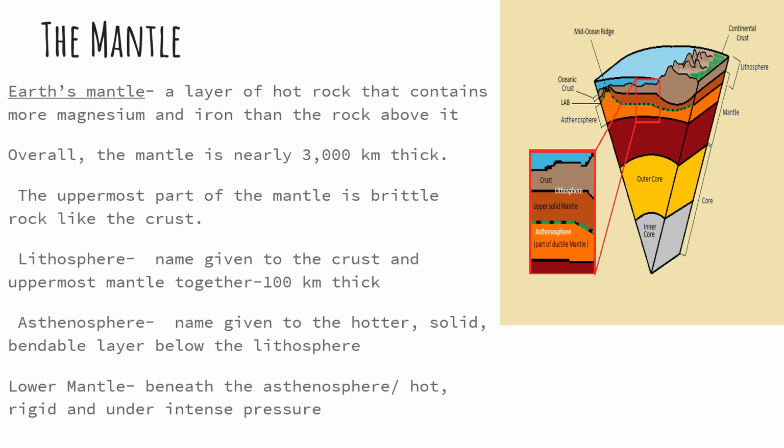So, in the image here to the right, we have the crust, and then we have the uppermost part of the mantle, and that together shows the lithosphere. Then underneath that, we have the asthenosphere, and then we finally have the lower mantle.